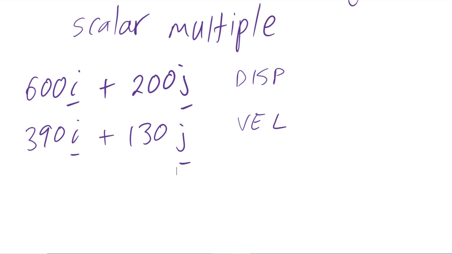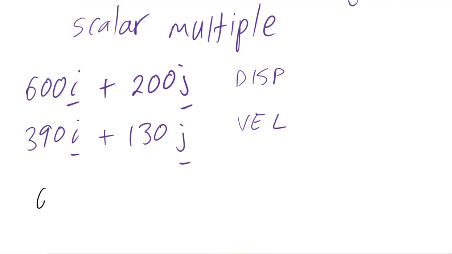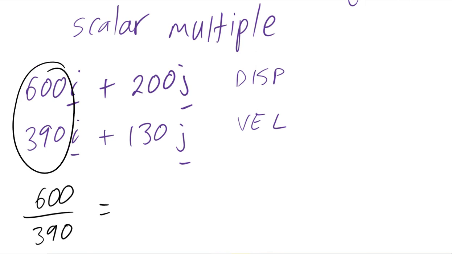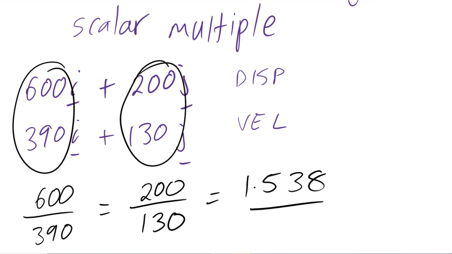So if I divide them and work them out, 600 divided by 390 should share the same ratio as this, which it does. If I divide both of them, yes, they are a scalar multiple of the other.